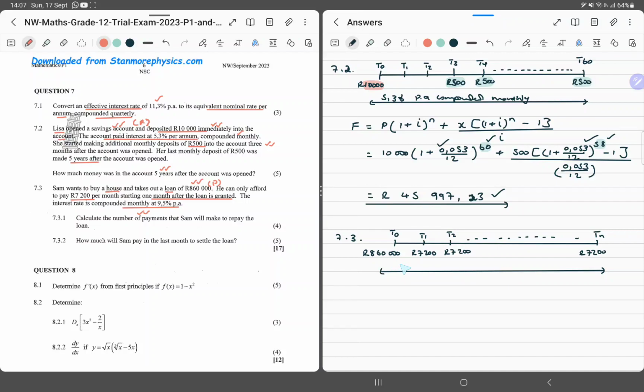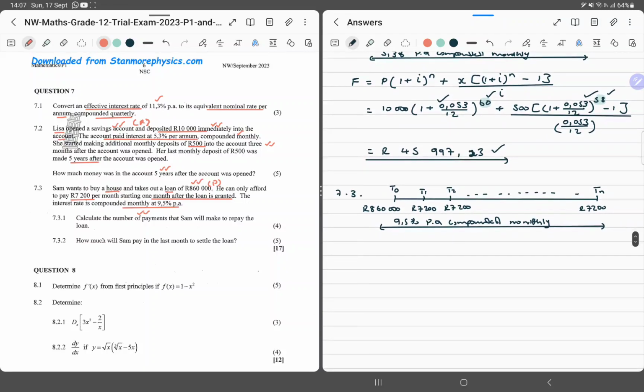So now we are getting this at 9.5% per annum, compounded monthly. Guys, don't take these things for granted. Do these things. They will help you. Now we want to know what is n here, essentially. You are the one we are interested in.